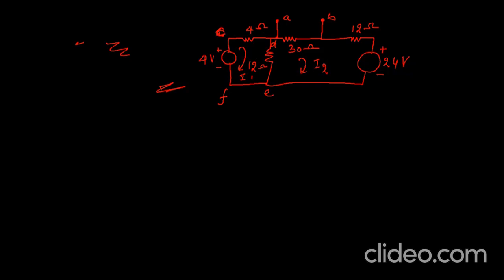But this branch has one common element also, and here the I2 current is also flowing in this 12 ohm. So 12 ohm is common for I1 and I2. And if I go around this loop, then this I2 will go upside and I1 will go downside. So just apply the Kirchhoff voltage rule, KVL.